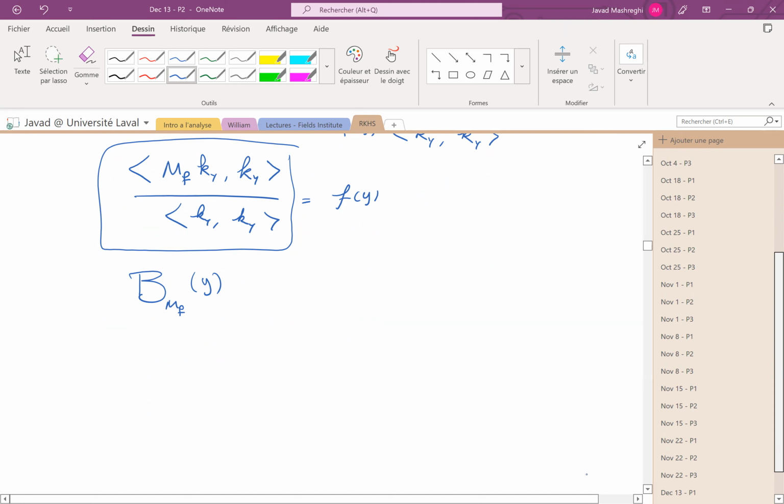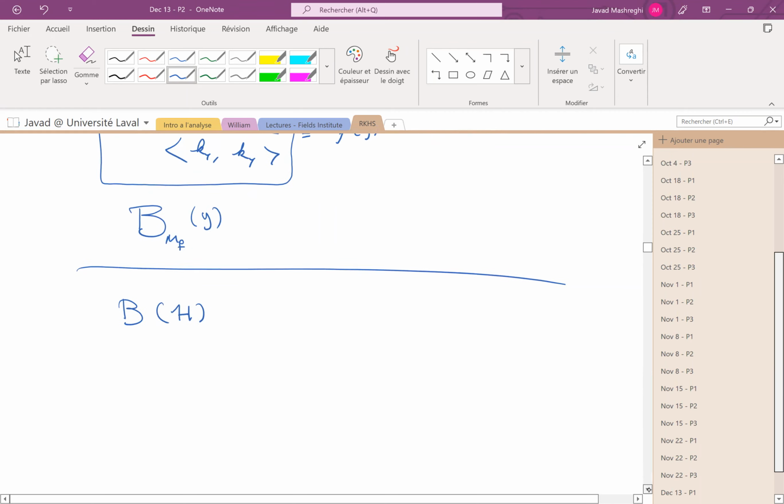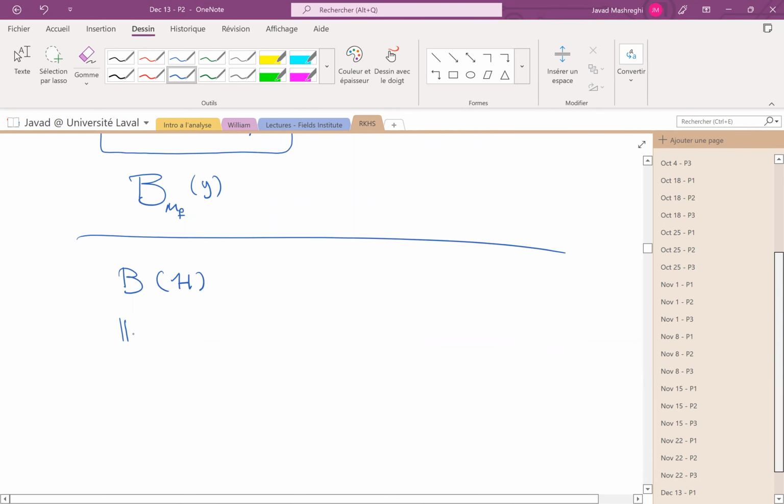The one I want to show here is the fact that the multiplier algebra is closed under a specific topology. On B of H, we have at least three topologies. The first one is the norm topology. The second is called the strong operator topology.